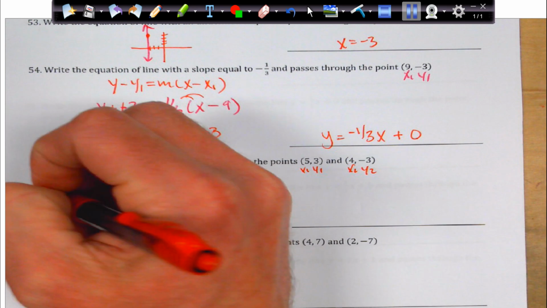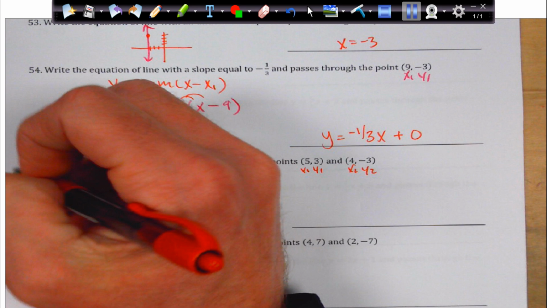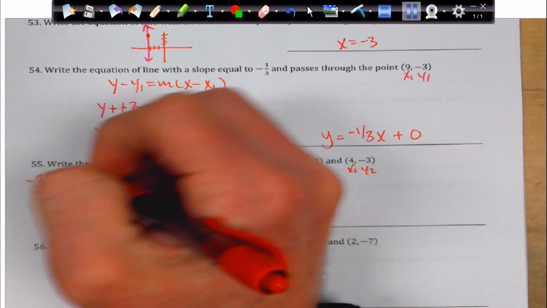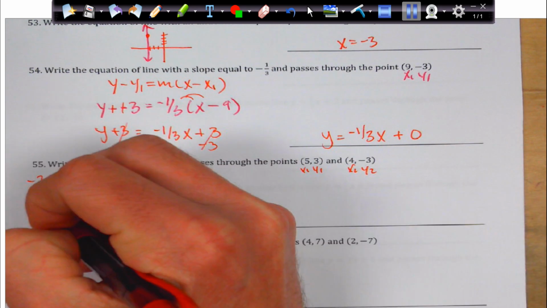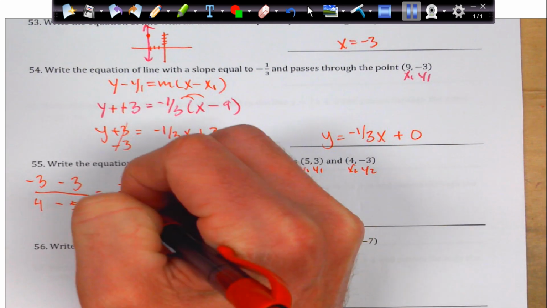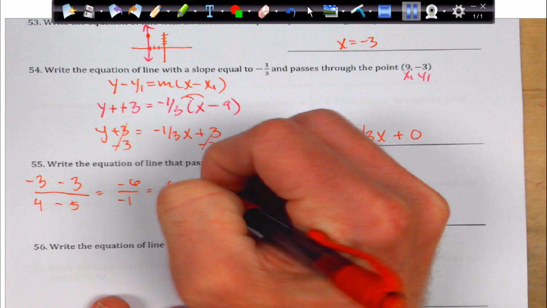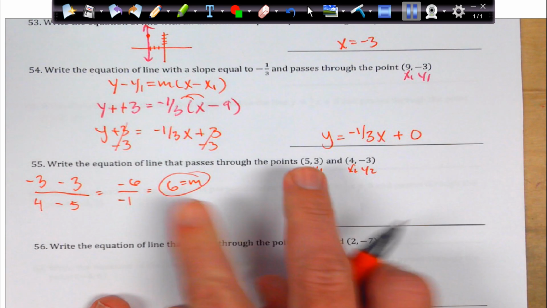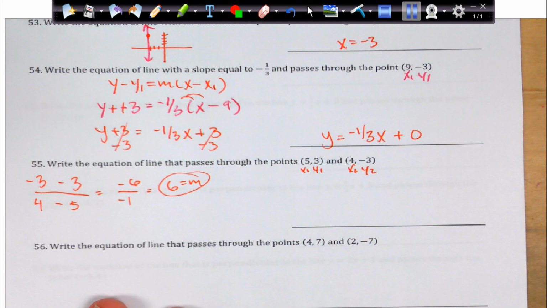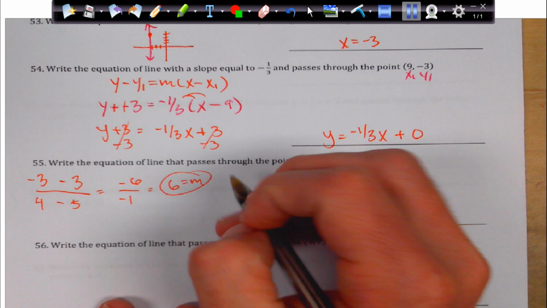Okay, so I wrote the formula for this already earlier, y2 minus y1, so I'm not going to write it again. Again, to set this up, 4 and 5, we get negative 6 over negative 1, which is just going to be 6 as my slope. Okay, from here we basically have the same problem. So I'm going to plug into that formula with a pink pen.